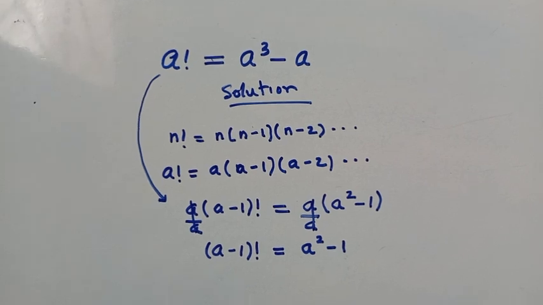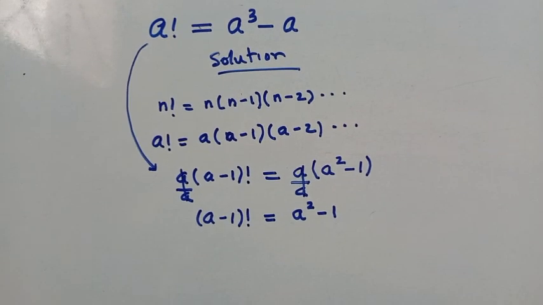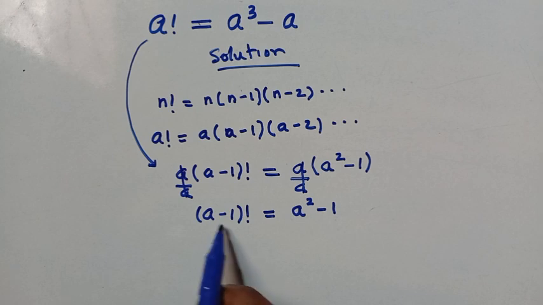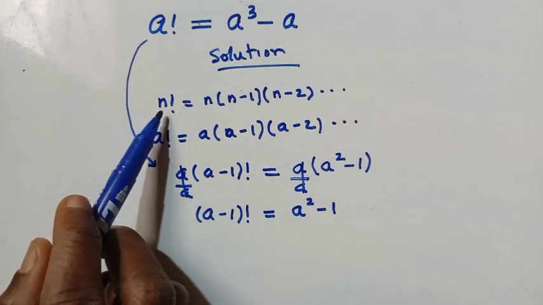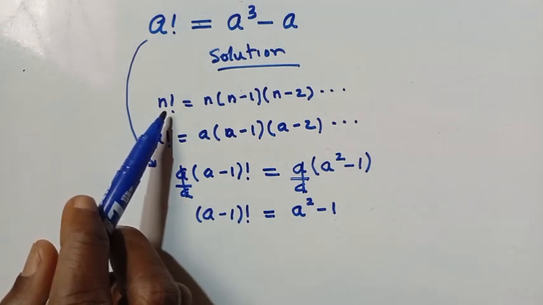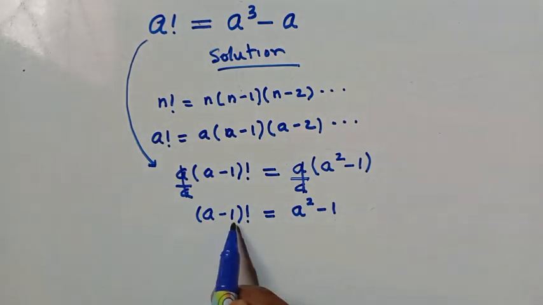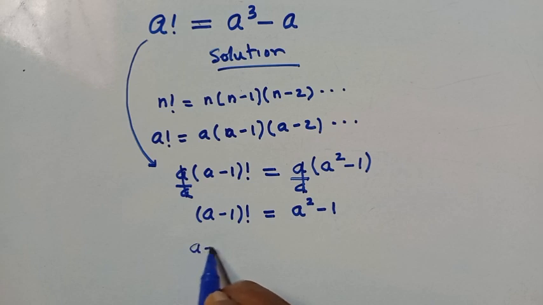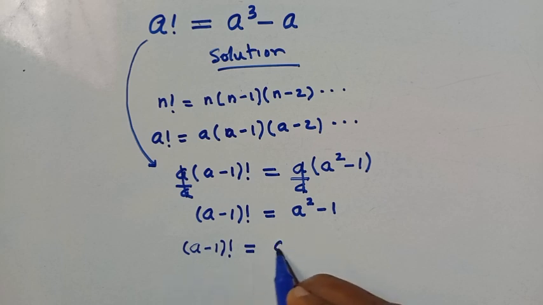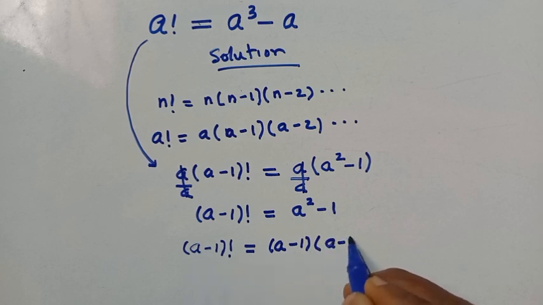In the next step, we are going to express this using the same rule we applied for n factorial. We can write (a minus 1) factorial as, subtracting 1 from this, the main number is a minus 1, then multiplied by (a minus 1 minus 1), and that's how it continues.